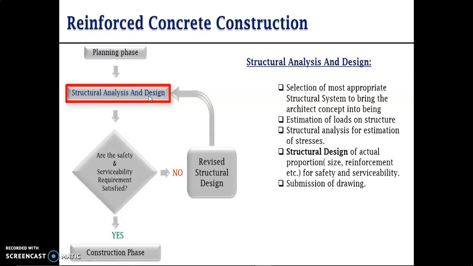Such elements are beam, slab, column, and foundations. So in this subject we study the analysis and design of these elements. So after the planning phase we have to find or design the structural elements.